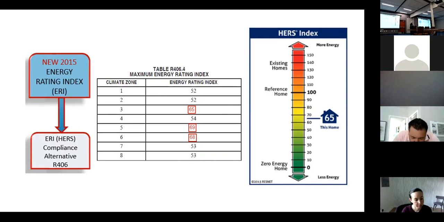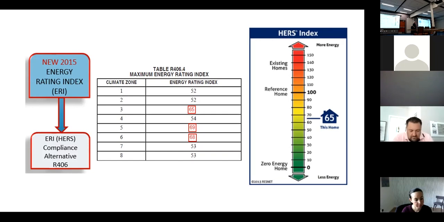Two things happened. When this was put into code, the people that sponsored it were a little bit overly zealous and put in a lower number than is comparable with the rest of the code. So these numbers were too low. And in fact, in the subsequent code, the 18 code, these numbers have been raised a little bit. They're halfway in between these numbers.